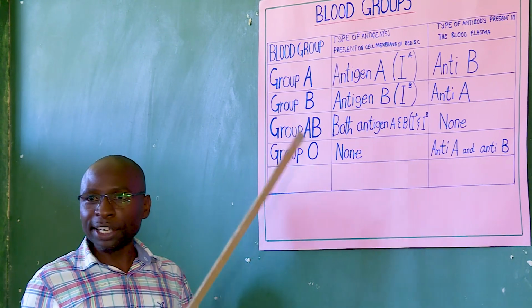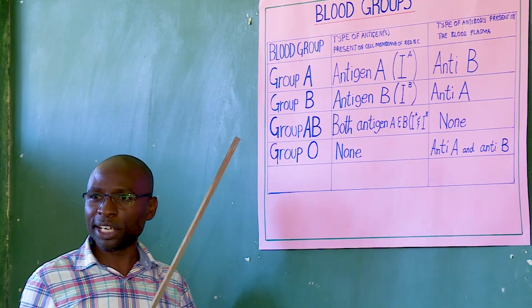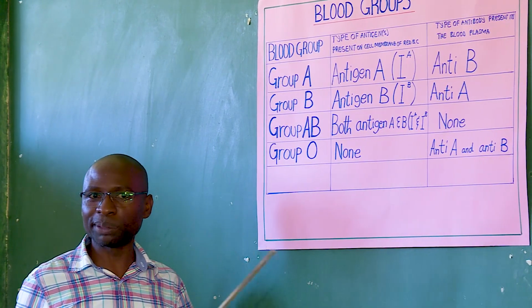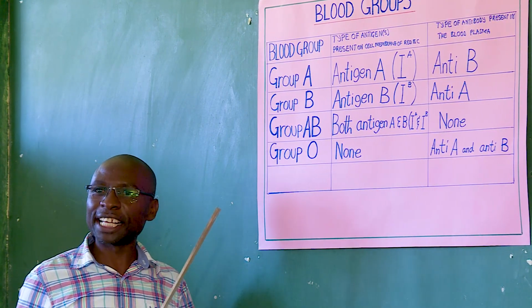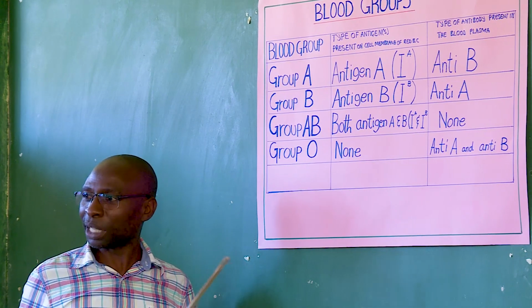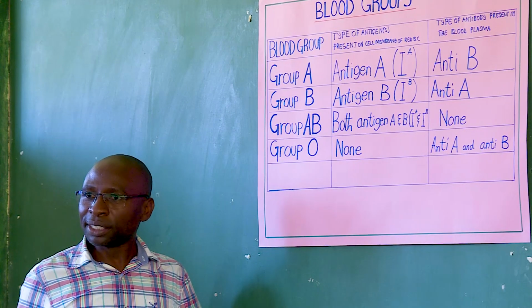So, when checking the blood group, they have to use reagents. After donating blood, they use the reagents, the chemical substance, which is added to the blood sample.